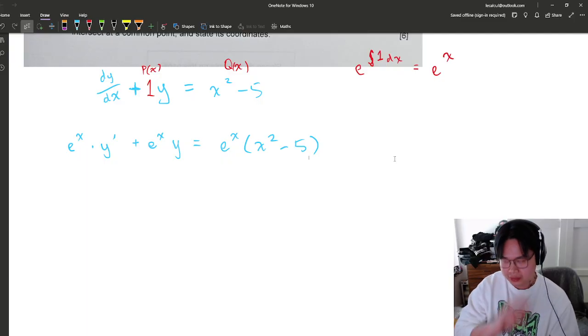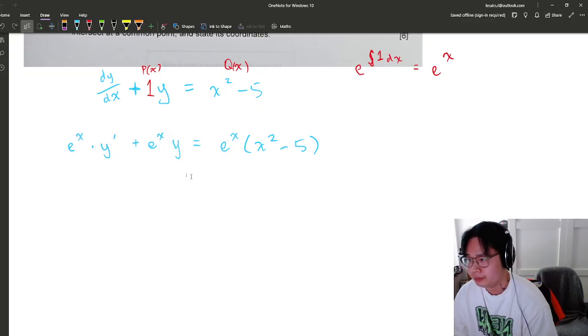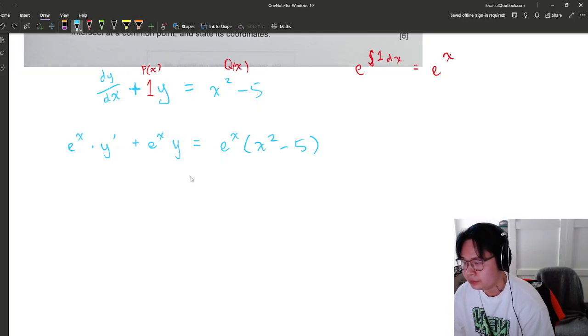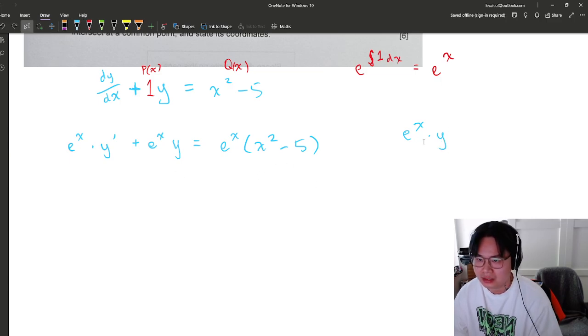And then what the integrating factor does is that the left side is essentially a product rule of e to the x times y, right? If we did a product rule with implicit differentiation, then it turns into this.